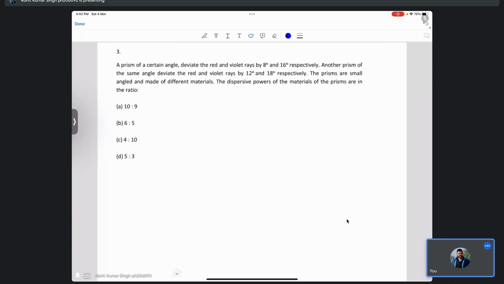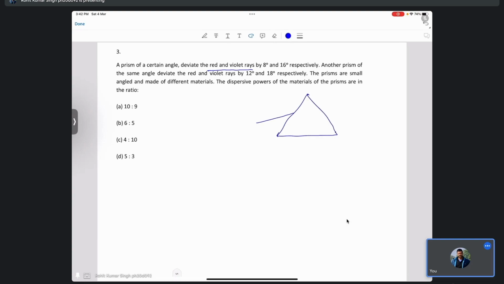Here we have a prism of a certain angle, and it deviates the red and violet rays by 8 degree and 16 degree respectively. So like I told you, prisms deviate different colors by different angles.